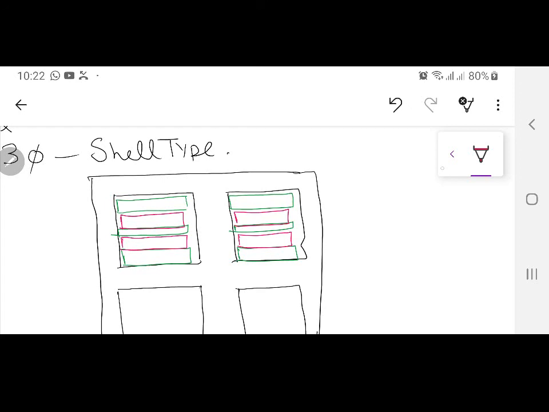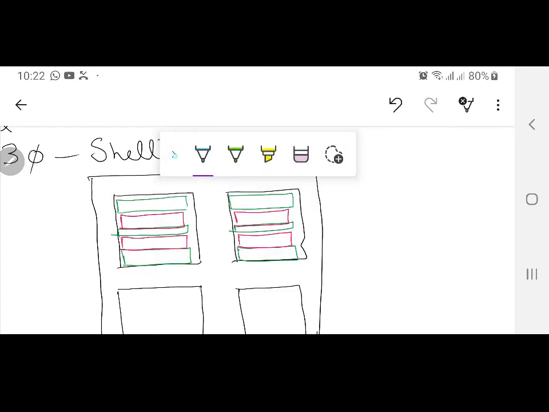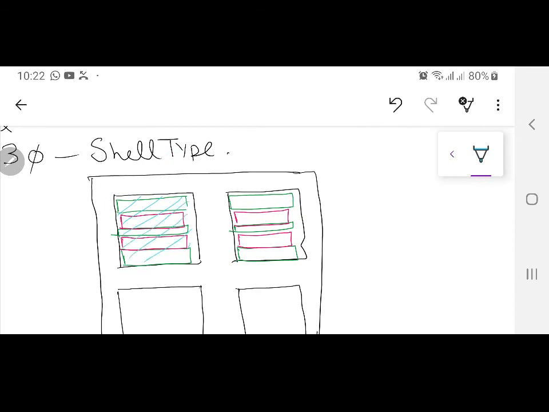So here these two are the window area. Combined, they are called the window area.